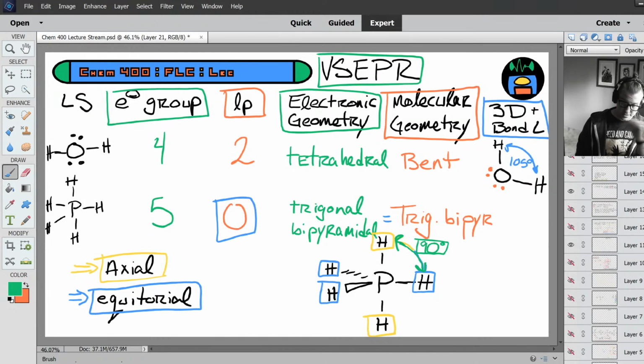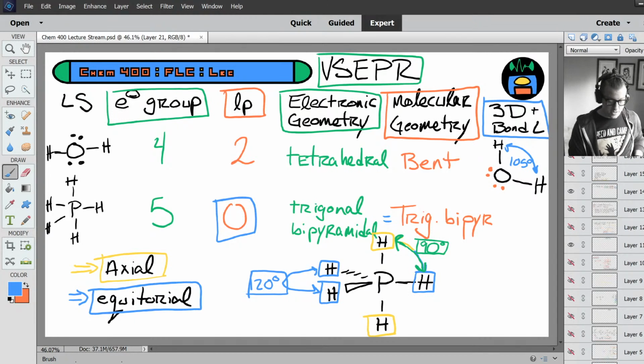It is 90 degrees. The second type of bond angle is if you go from an equatorial position to another equatorial position, and this bond angle is 120 degrees. All right, so your axial to equatorial is 90. Your equatorial to equatorial is 120. All right? Okay, that is the trigonal bipyramid, the trigonal bipyramidal geometry.